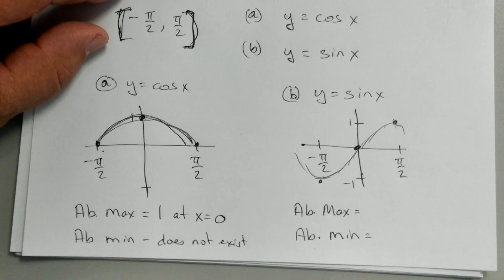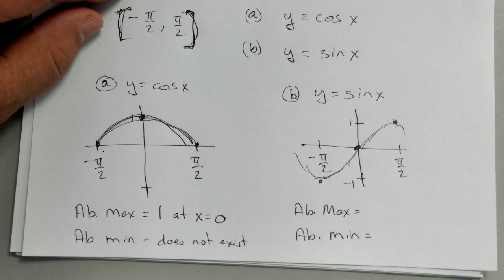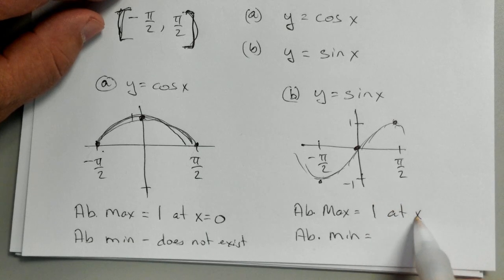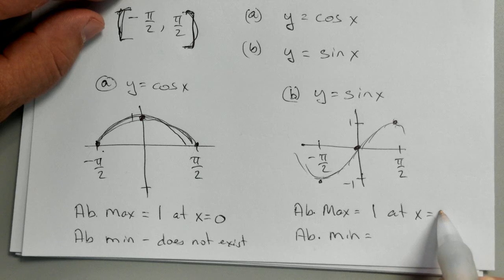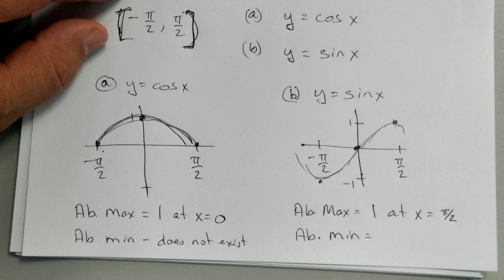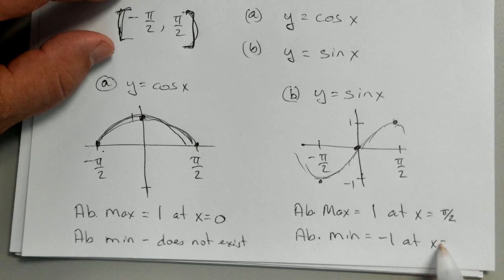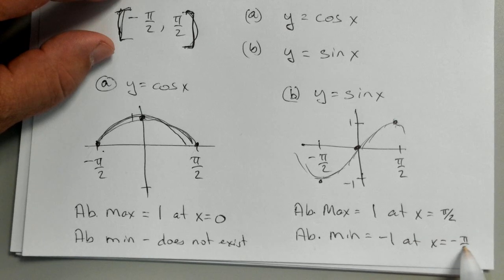So the absolute maximum is what? Is 1 at x equals what? Pi over 2. So the minimum is at x equals negative pi over 2.